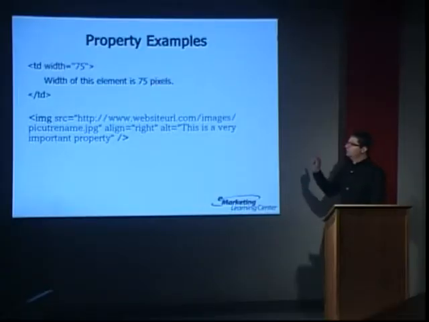The value is pulling from a website, so it's going to find the proper image to pull in. In this case, it's a JPEG. There are other properties, or attributes, like align right and alt tag. Alt tags are important to use within an image, or rather the alt attribute is important to use within that image.